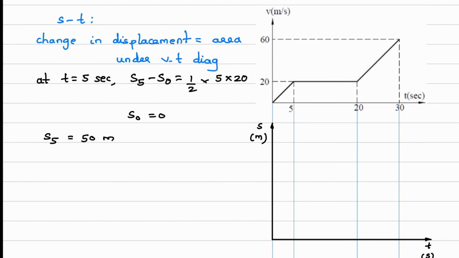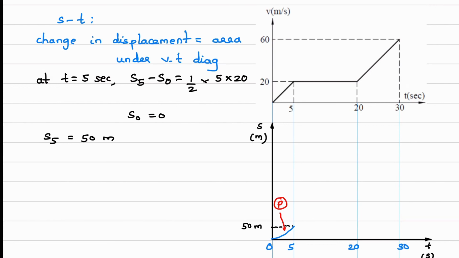It will be like this. Now this curve will be parabolic. What is the value of that? Height is 50 meter, and this time is 5. So 5, 0, 20 and 30.